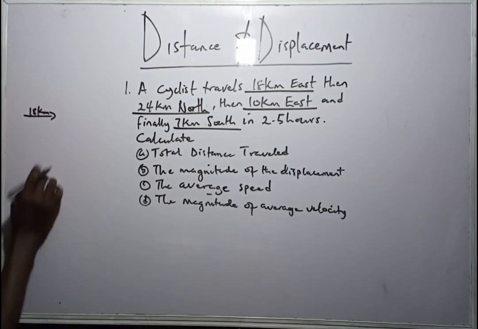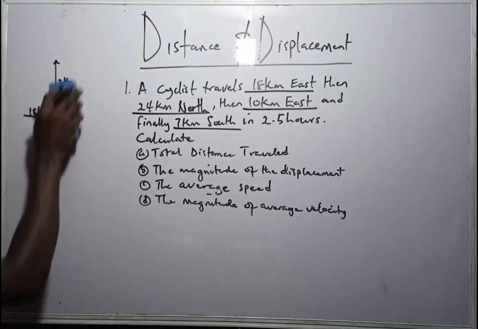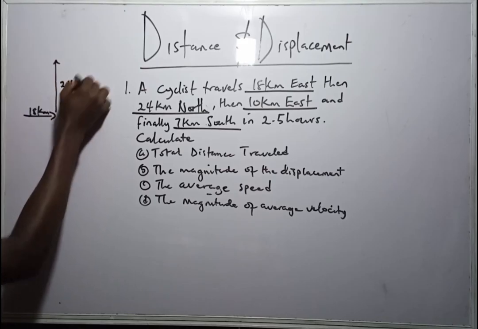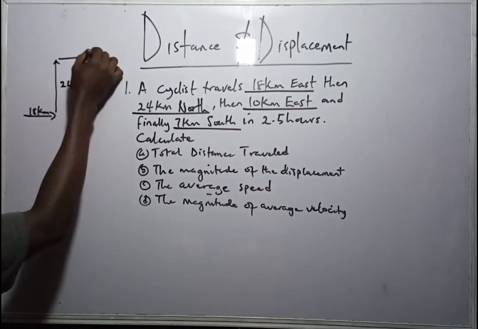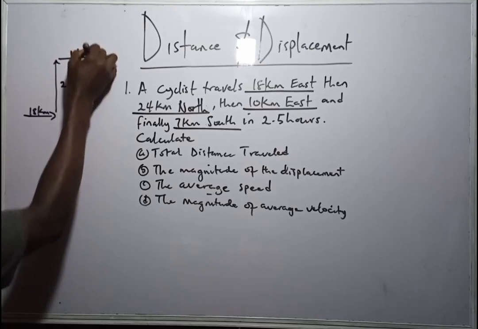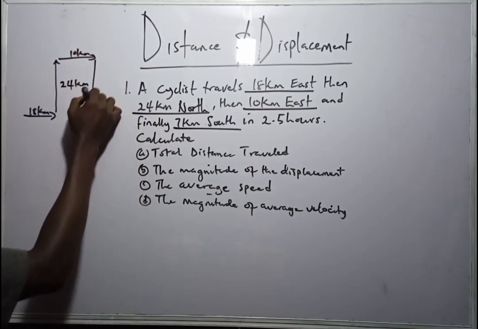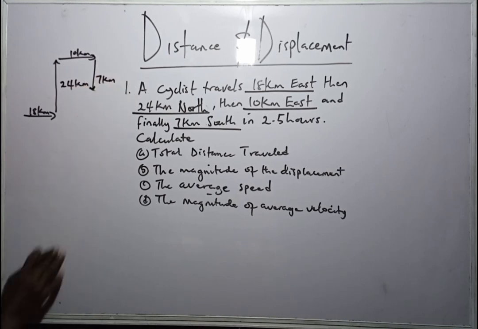Then it goes 24 kilometers north. From there, it took 10 kilometers east. So this is 10 kilometers east and 7 kilometers south. So it returns back 7 kilometers to the south.